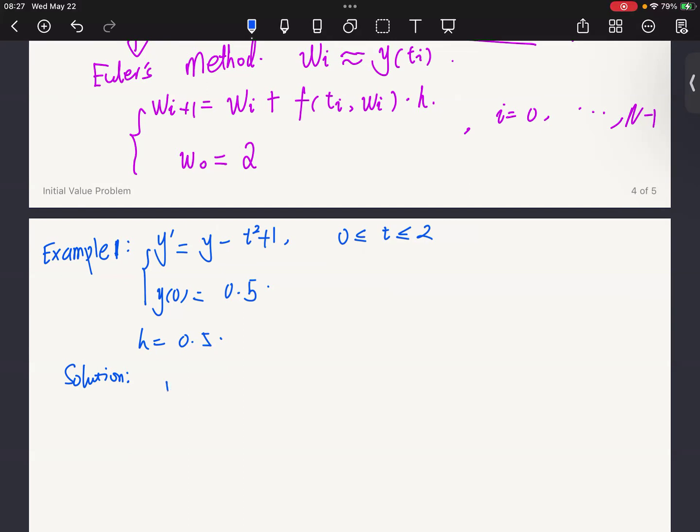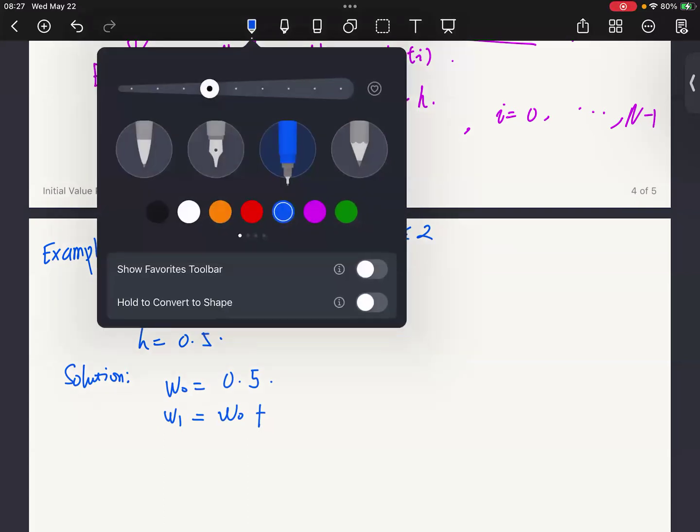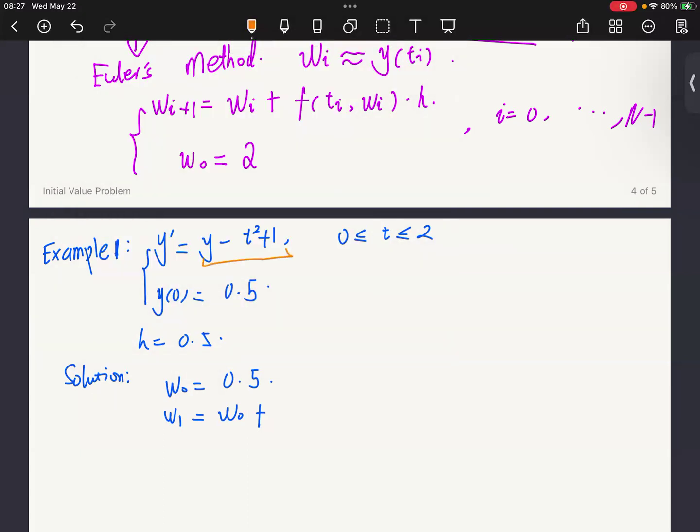W0 is just the initial value we have in the problem setting. And then W1 is W0 plus h times my f function for this problem, f(ti, wi).